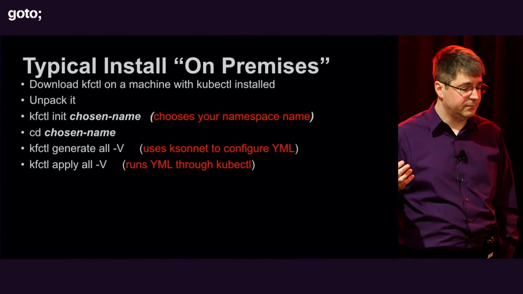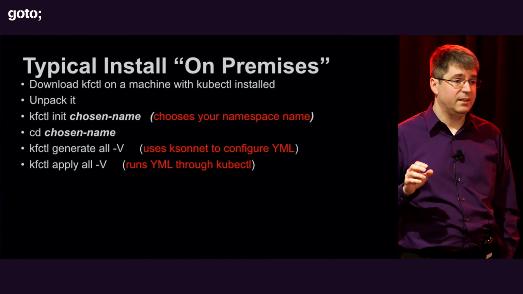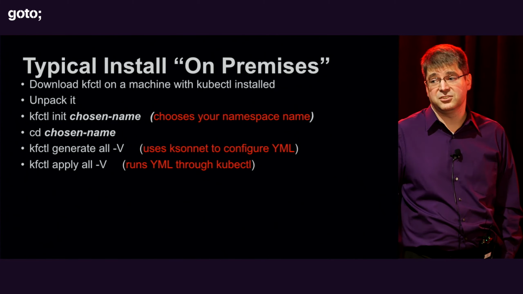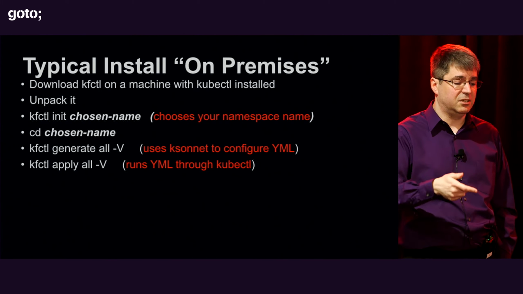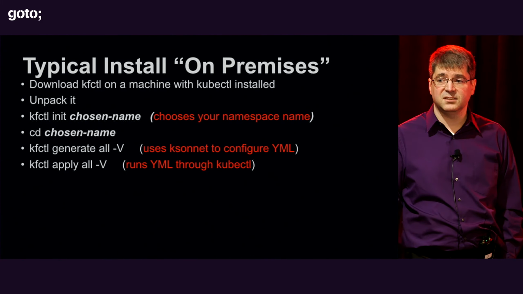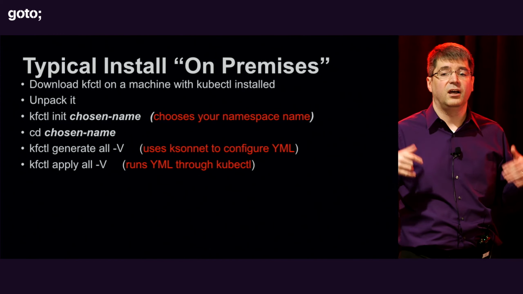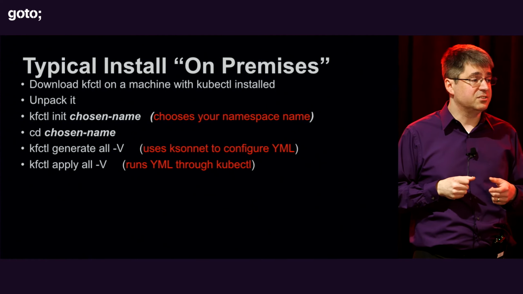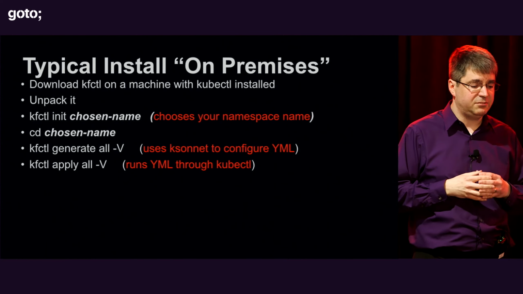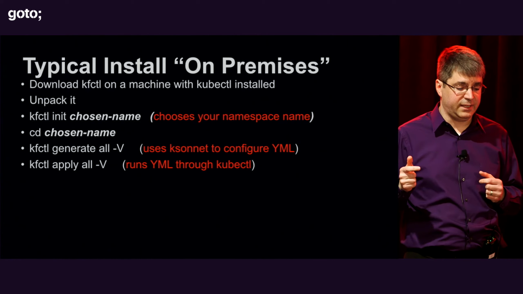You unpack it, you run kfctl init, and then the name that you choose. If this is your first Kubeflow instance, chances are you're just going to call it kubeflow. Whatever name you choose, that's going to become a self-contained namespace in your Kubernetes cluster, and that's where all of the Docker images are going to run for your Kubeflow installation. It also creates a folder. You cd into that folder. Now you run kfctl generate all -v.